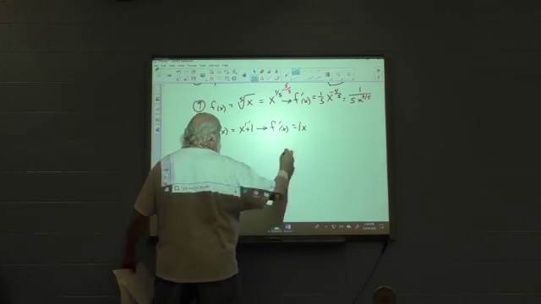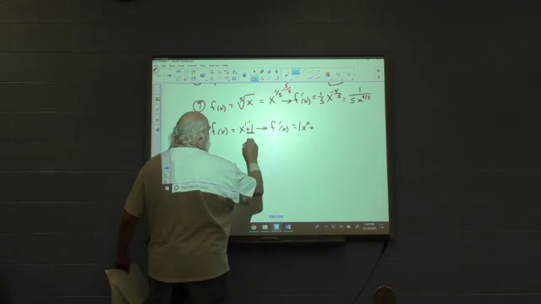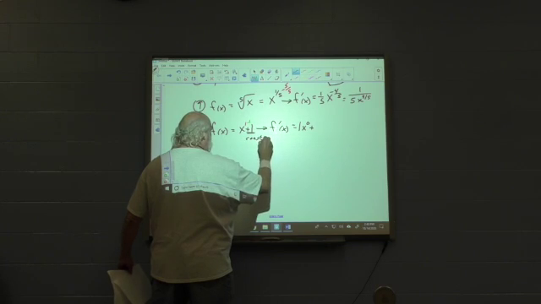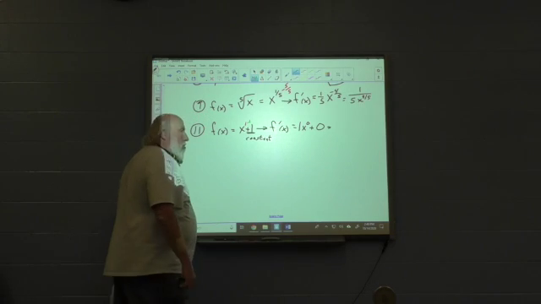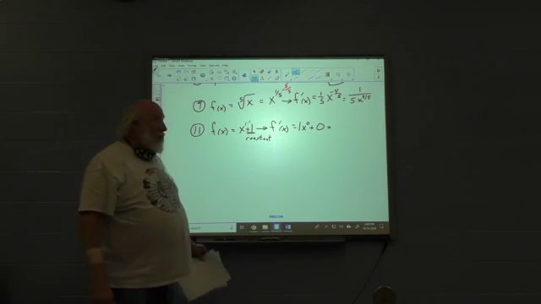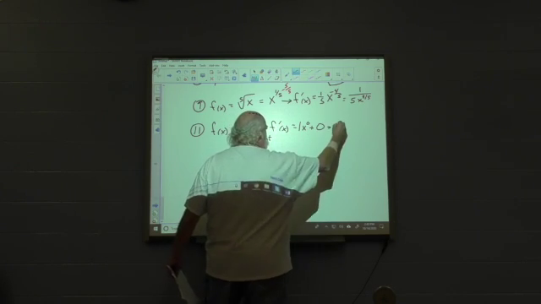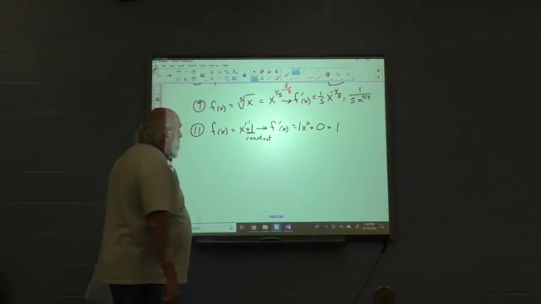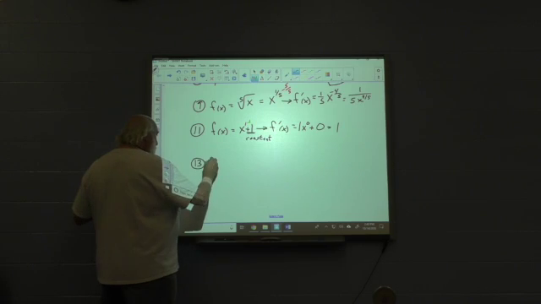So that becomes the 0 power. Plus, this is a constant. So that becomes 0. Well, what is x to the 0 power? Anything to the 0 power, for that matter, is 1. So this is 1 times 1 plus 0 is 1. Your answer is 1.